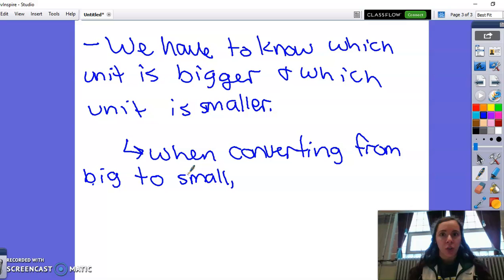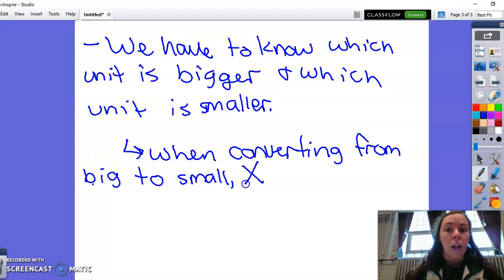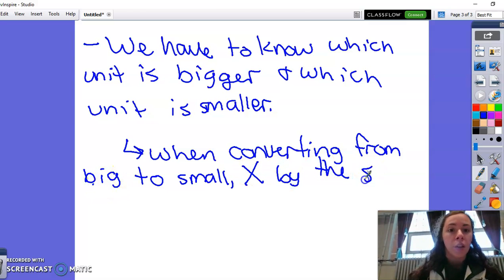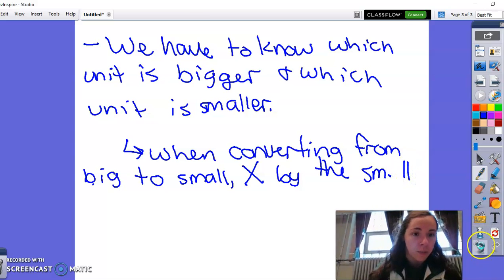Remember, we're trying to have a lot of littles making one big. So that means we're going to be multiplying the big number by the smaller numbers, or the smaller unit, sorry.